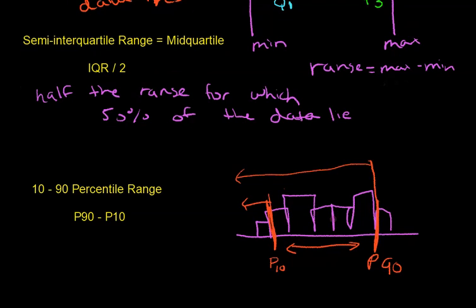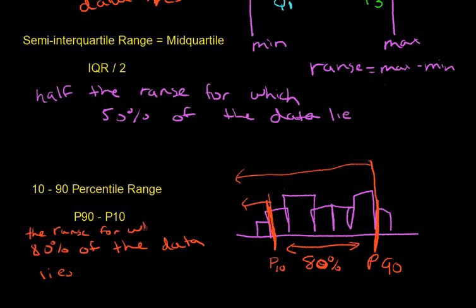So 80% of your data is between the 10th and 90th percentile. The 10-90 is the 90th percentile minus the 10th percentile, and it's the range for which 80% of the data lies. So let me write that: the range for which 80% of the data lies.